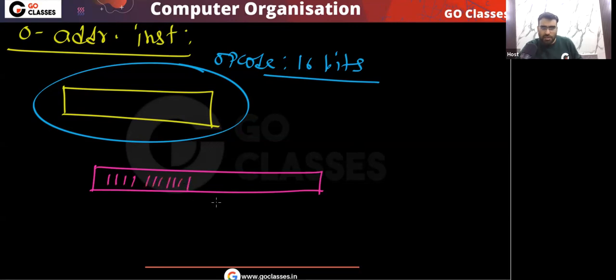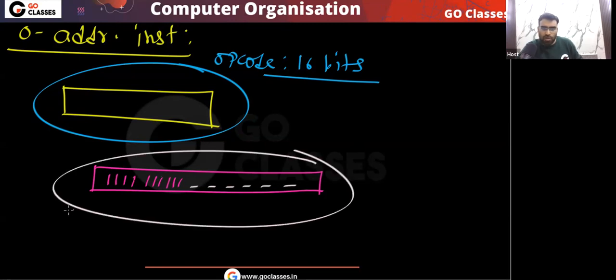So how many bits are remaining? 6 bits are remaining. This is your opcode for the zero address instruction.